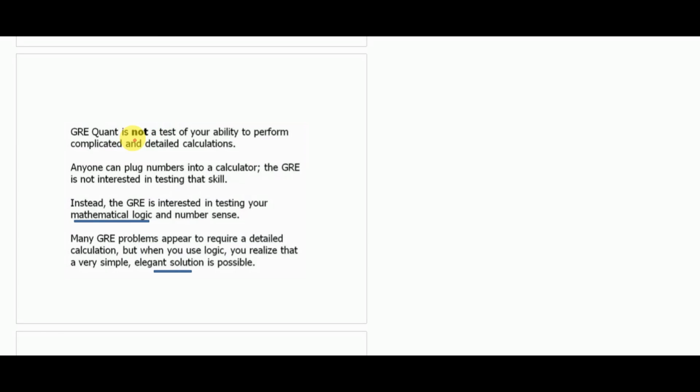Because GRE quant is not a test of your ability to perform complicated and detailed calculations. The GRE would never ask you to multiply, let's say, 211,575 by 373. This is a very long calculation, and definitely to solve it correctly and quickly, you would need a calculator. But the GRE would never ever throw a question like this at you.